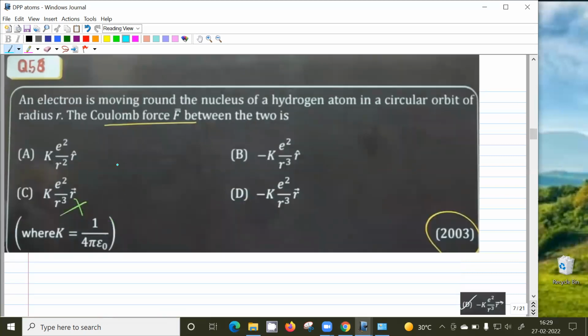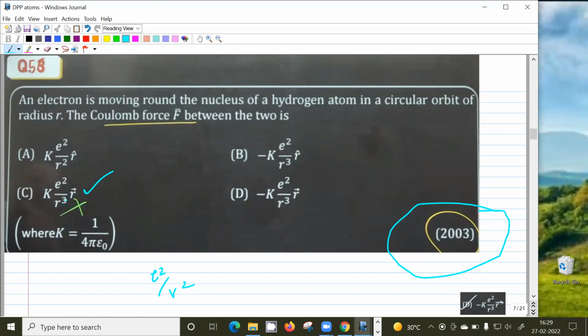And this one, this is a trivial question. We just use Coulomb's formula. So it should go as e square by R square, and the direction is radial. The R vector is R into R cap, right?